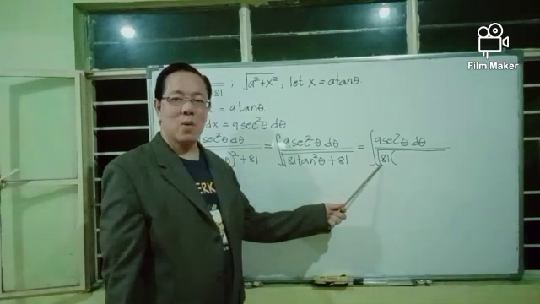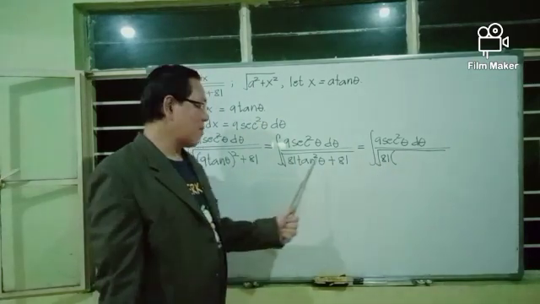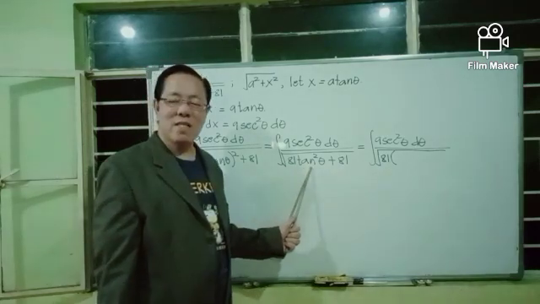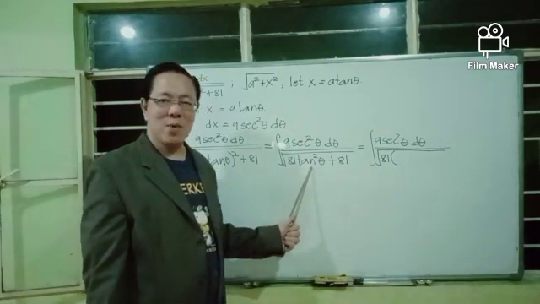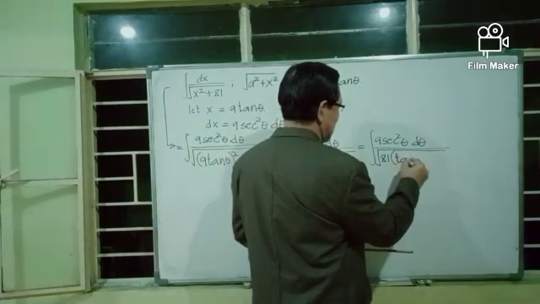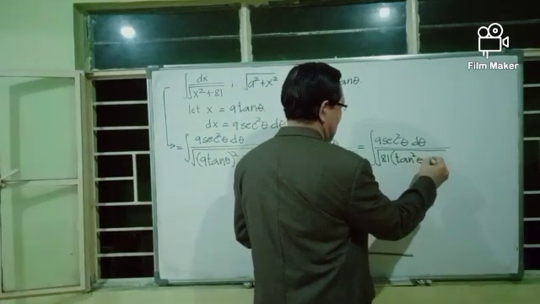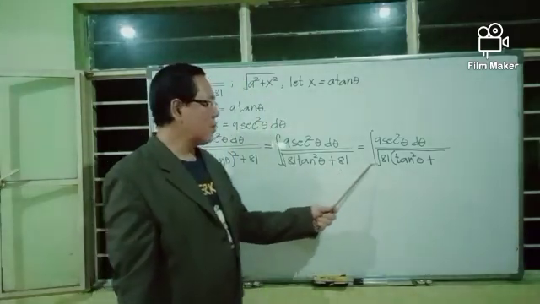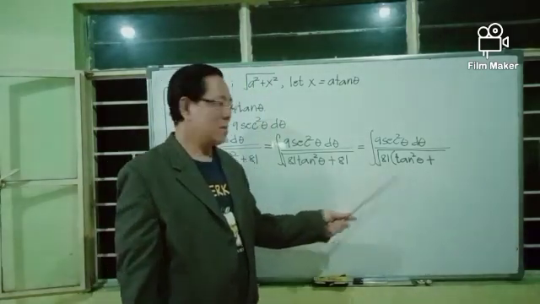The common factor is 81, and we find the other factor by dividing each of these terms by 81. 81 tangent squared theta divided by 81 is tangent squared theta. Plus 81 divided by 81 is 1.